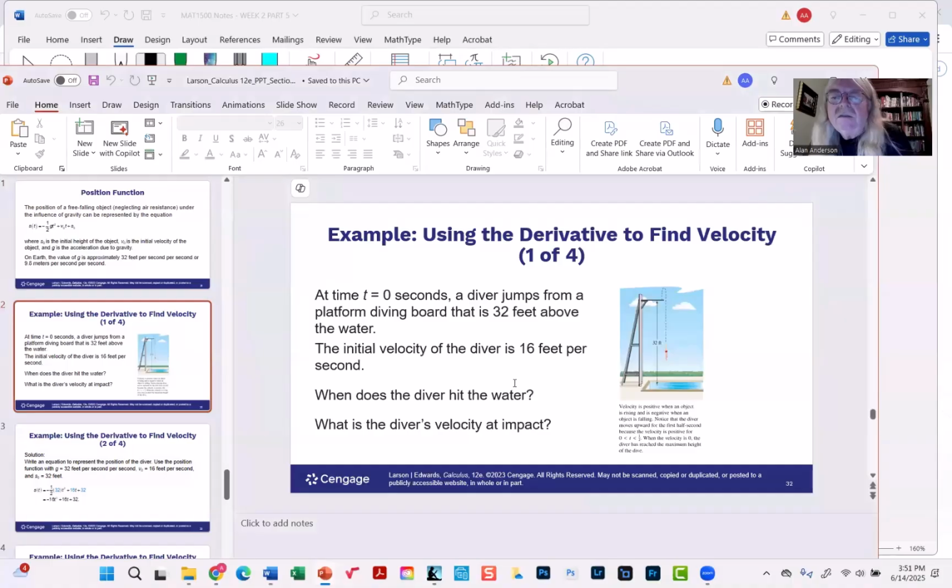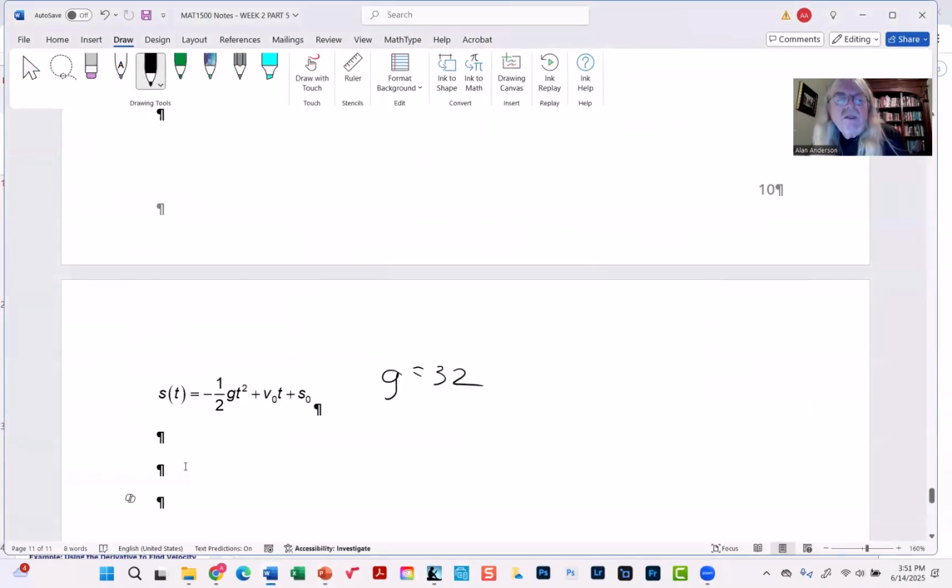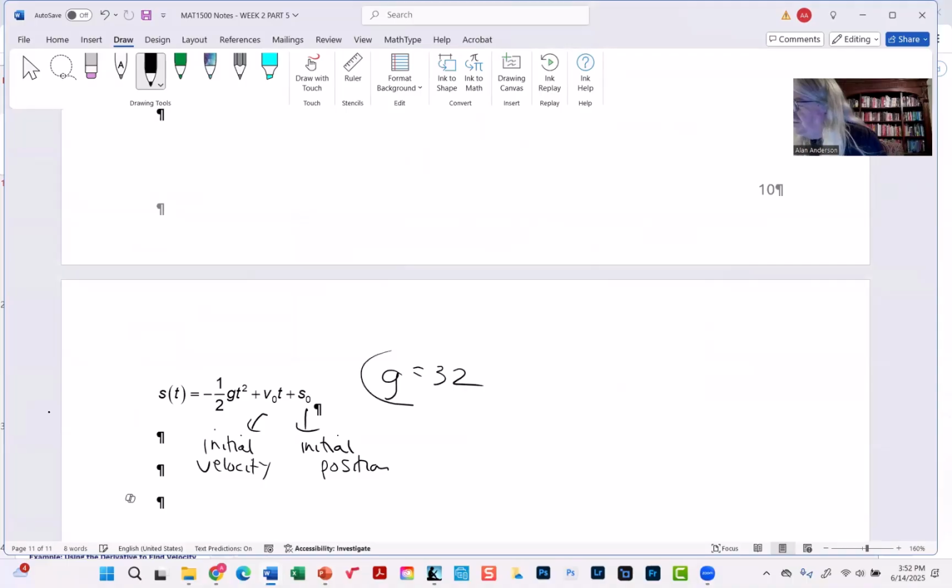And the board is 32 feet in the air. So that means this is the initial position, and this is the initial velocity. This is sometimes called the gravitational constant.